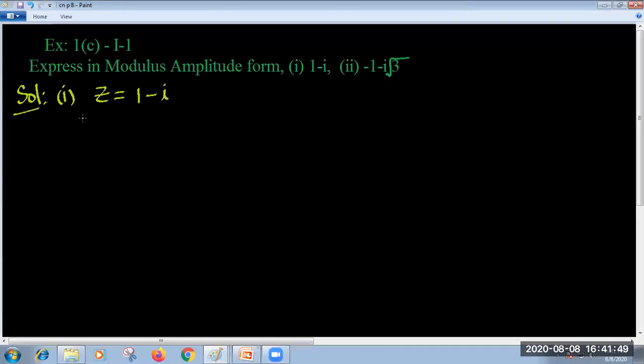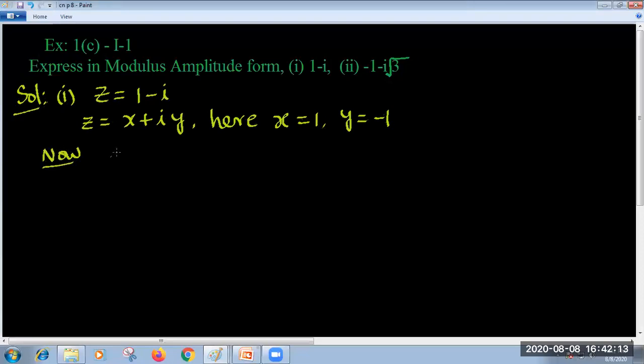Let us name it as z, 1 minus i. So comparing this with the standard form, x plus iy, here x value is 1 and y value is minus 1. We have to find the modulus.